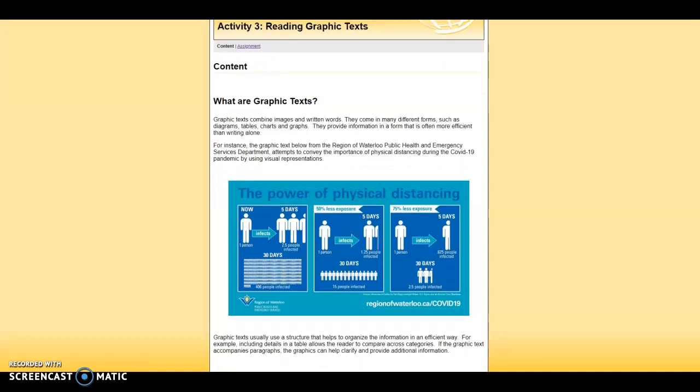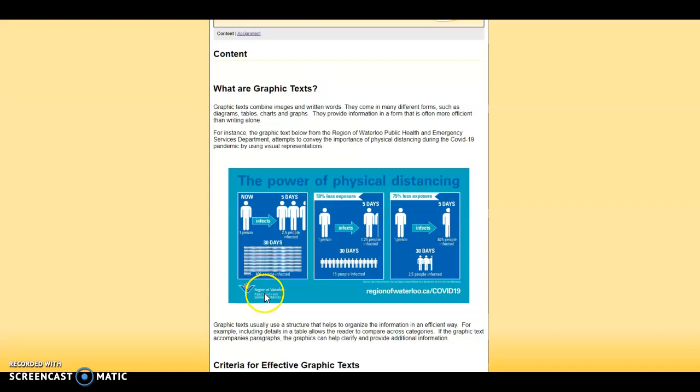So we've got an example here of a graphic text from the Region of Waterloo's Public Health and Emergency Services Department. And they're going to try to explain the importance of physical distancing during the COVID-19 pandemic with a graphic text.